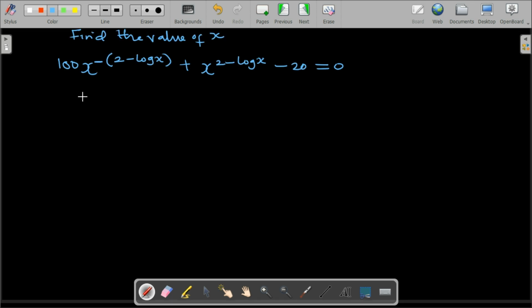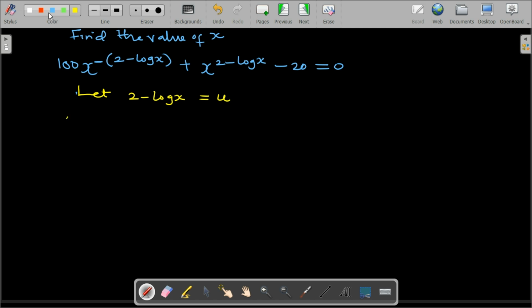Okay, now to make it simpler, we could let 2 minus logarithm of x represent another letter, let's say u.